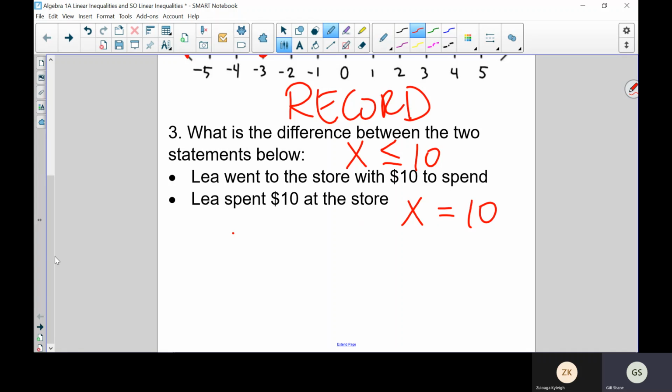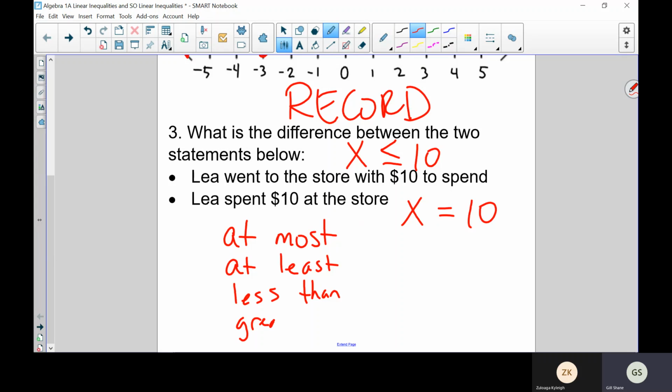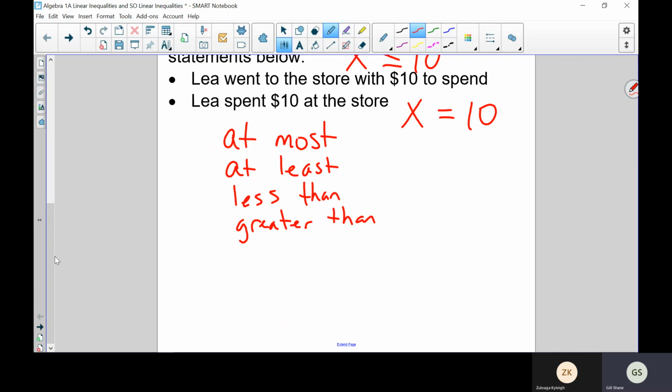Here are some words that are important in word problems. So jot these down. Obviously, if it says less than, greater than, or equal to, that translates directly into the word problems.